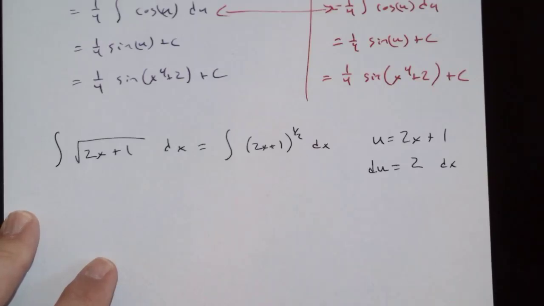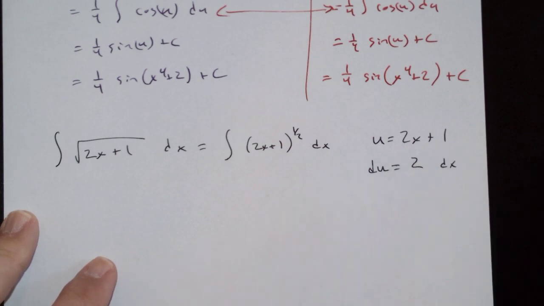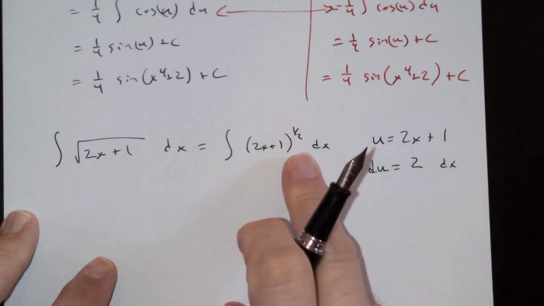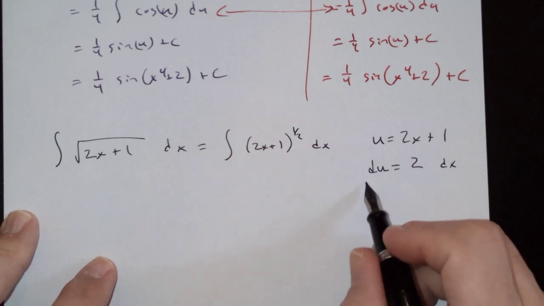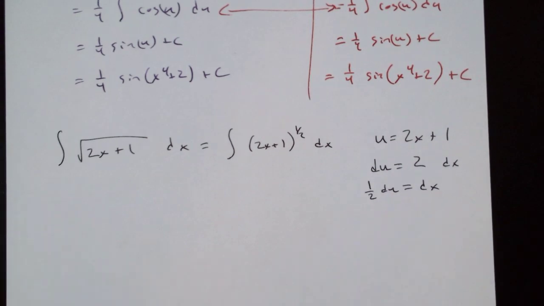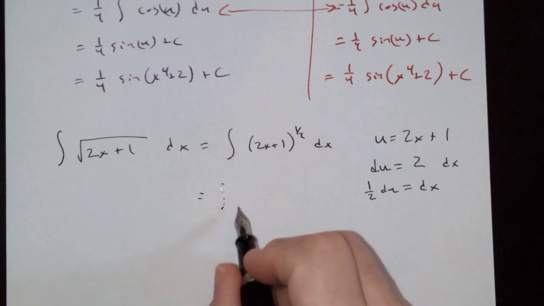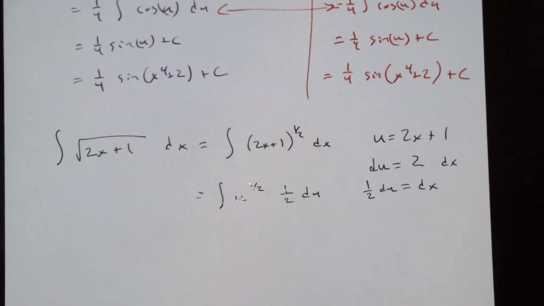So I either need to put it in or I need to adjust the differential. You can put a 2 here and a 1/2 out front, or you can move the 1/2 by moving the 2 to the other side of the differential. That gives me u to the 1/2 du.